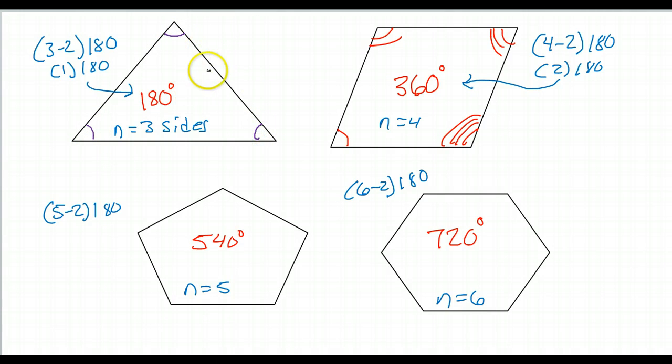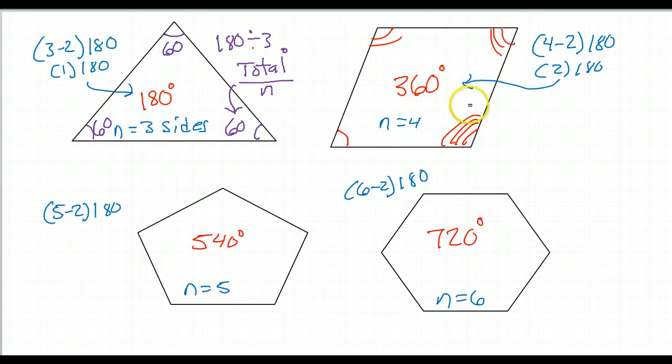Well, hopefully you can see I would just do 180 divided by 3. So that would tell me that this is 60, 60, and 60. So what did I do? I took the total degrees, and I divided by the number of sides. That's how I find each individual angle.